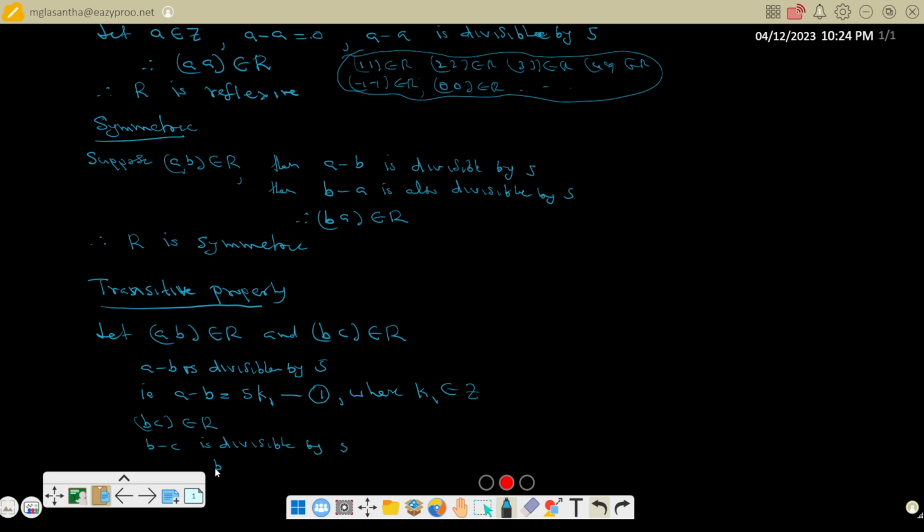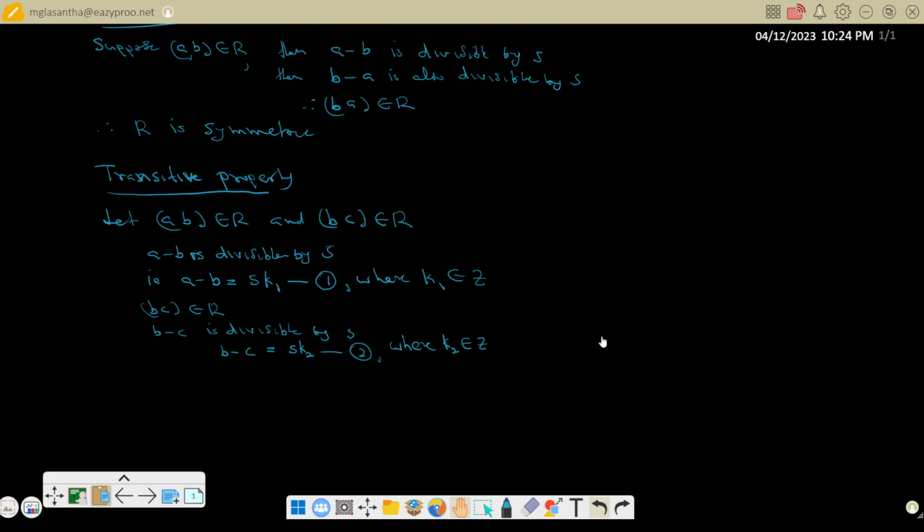That means b minus c equals 5k2. This is equation 2, where k2 is an integer, right? K2 is an integer. Okay.